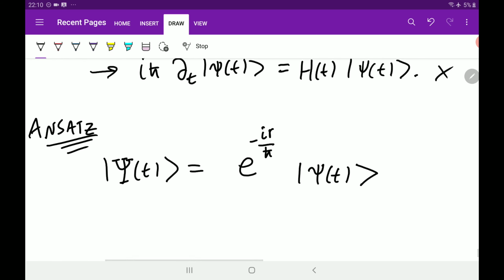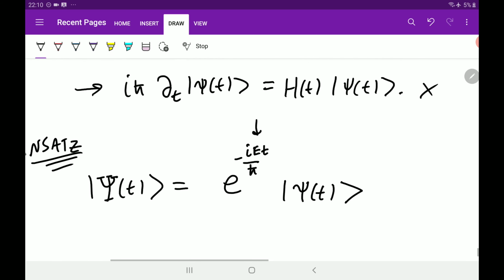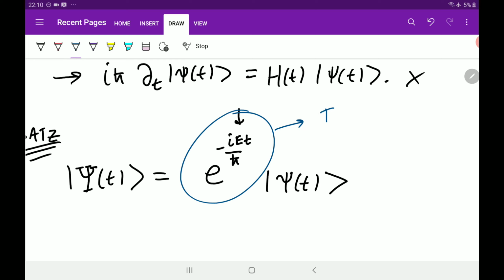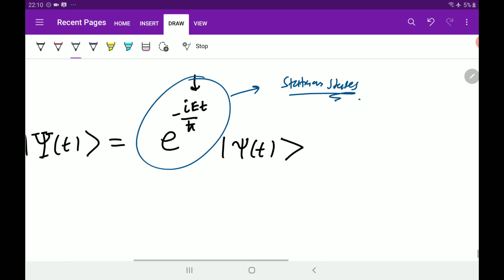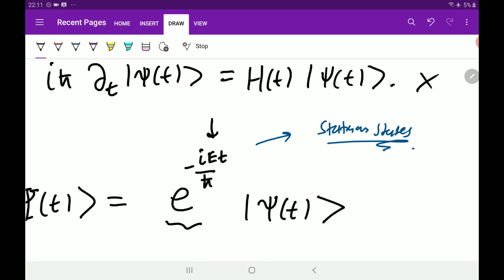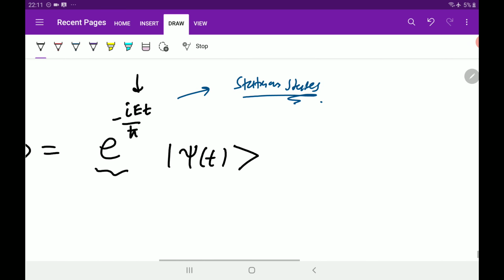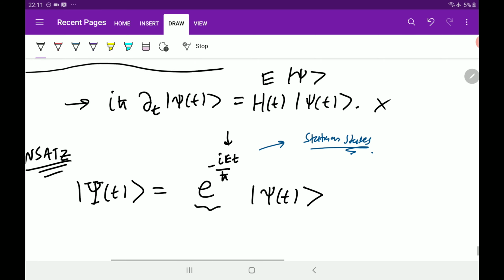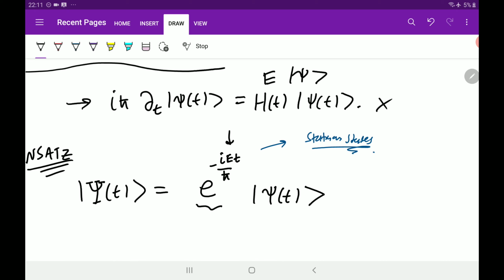Now here's the important point: this phase factor was obtained from stationary states, assuming that H didn't evolve in time. The key point is that when you differentiate this, you must get an energy out, because we want d by dt to give you energy times psi. We're looking for the wave function to satisfy this.